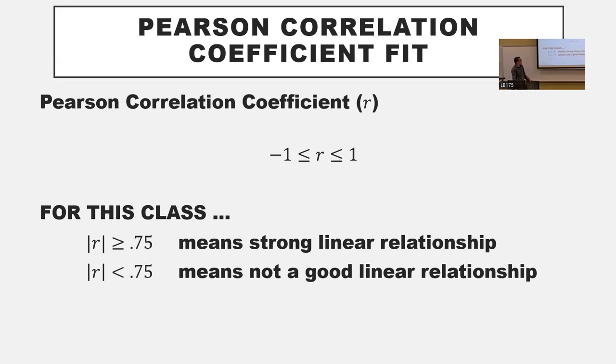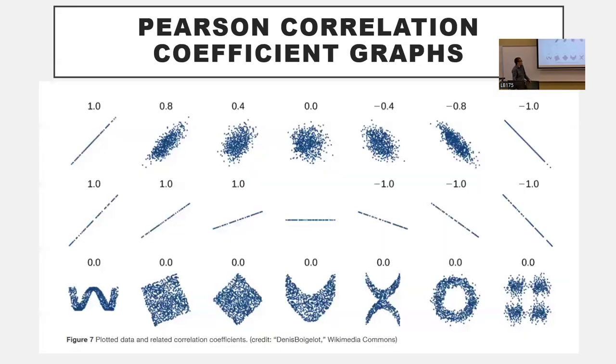Now we're using 0.75. Other classes, like if you go into psychology class or sociology class and they're doing correlation, they might use a much lower R value as their cutoff between good and bad.